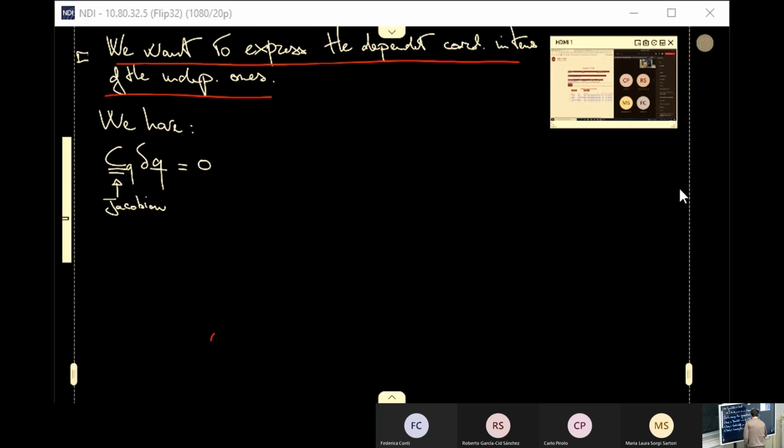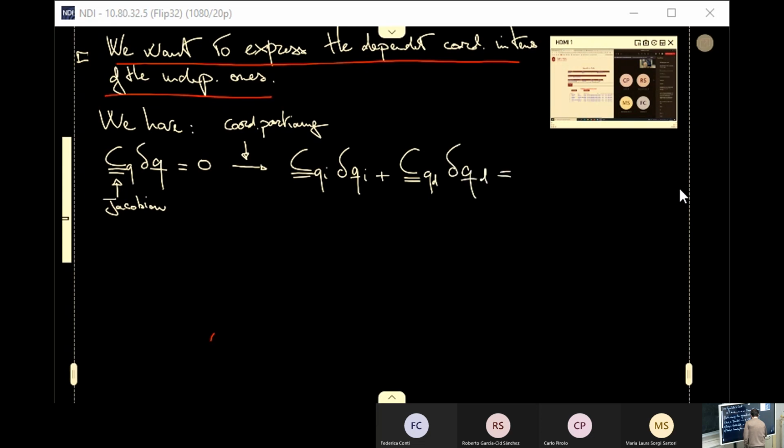Through a partition, so this is coordinate partitioning, you choose which one is independent, and all the rest will be, in this case, dependent. You can rewrite this like this: CQI delta QI plus CQD delta QD.